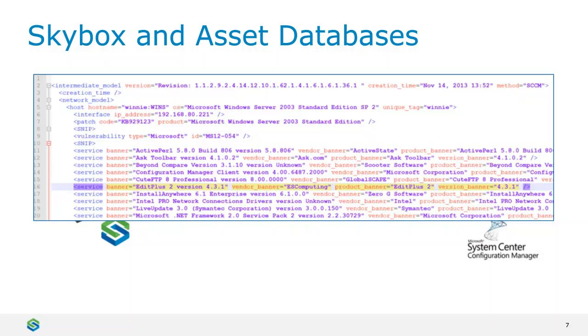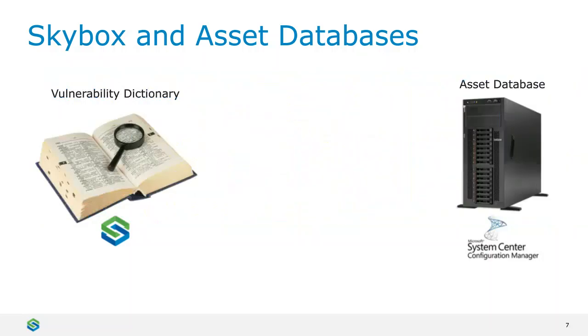of the software. So we can take that software, that banner information from the software, out of SCCM or the Asset Management Database. We understand that it's a Windows server. We understand what patches are running on it. We understand what software is running on it. We can then take that information, marry it up with our vulnerability dictionary to tell you if you've got a vulnerability on that machine.